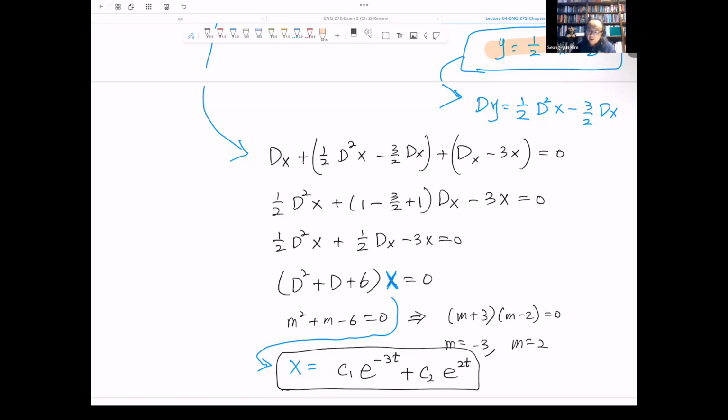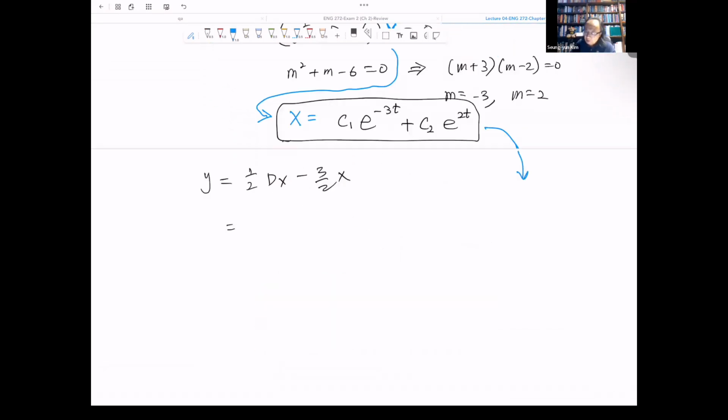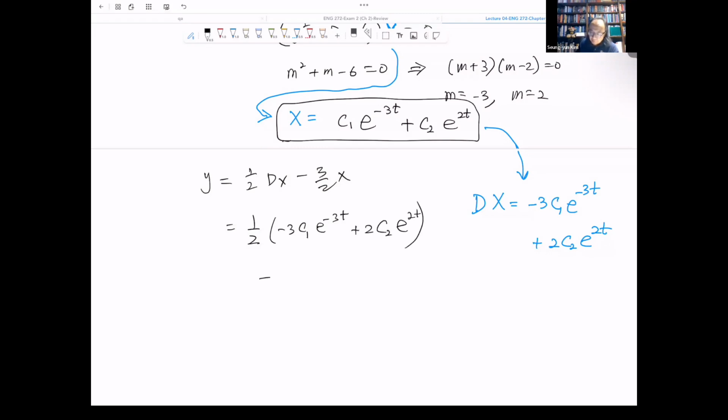So I'm going to copy that down. y equals, take the derivative, Dx equals negative 3 C1 e to the negative 3t plus 2 C2 e to the 2t. We'll use those. 1 over 2 Dx: negative 3 C1 e to the negative 3t plus 2 C2 e to the 2t, minus 3 over 2 x: C1 e to the negative 3t plus C2 e to the 2t.